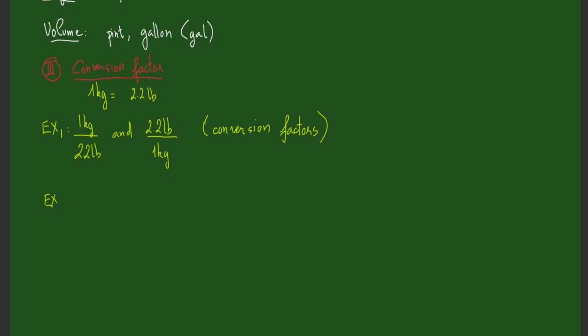If you know the relationship between gallon and liter, 1 gallon is equal to 3.79 liters, then you can write a conversion factor like this: liter, or you can write 3.79 liters over 1 gallon.